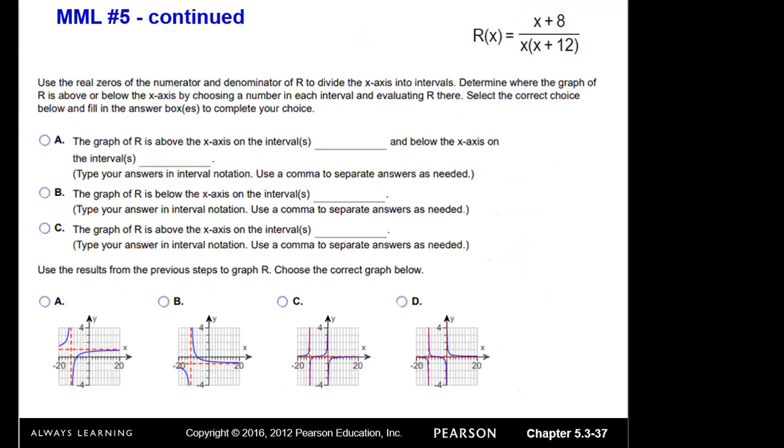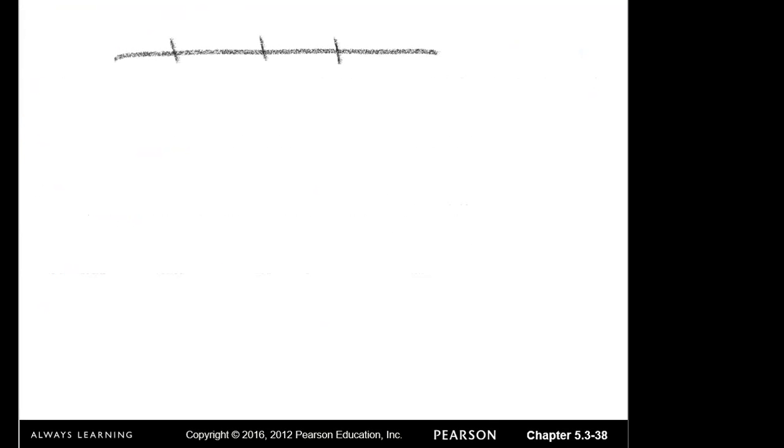Okay, so they want me to use the real zeros of the numerator and the denominator of R to divide the axis into intervals. My real zeros were, the denominator was 0 and -12, and then the numerator was -8. So here's a number line. I got 3 zeros. From left to right, -12 is the smallest, then -8, and then 0.